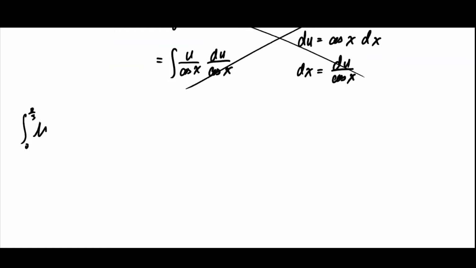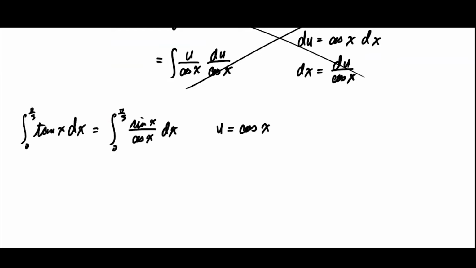I've seen those rare occasions that actually the numerator makes more sense. That's why it's not always, but when in doubt, start with the denominator, and if that doesn't work, only 5% of the time, then you can try the numerator. How's that? And then du is negative sine of x dx now.